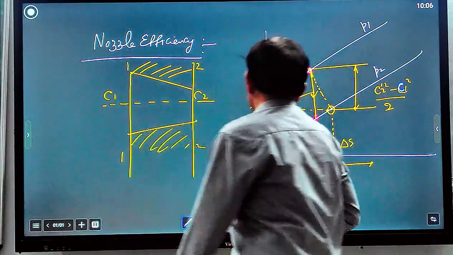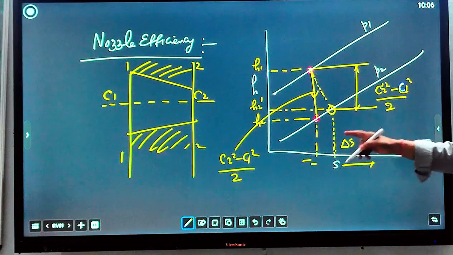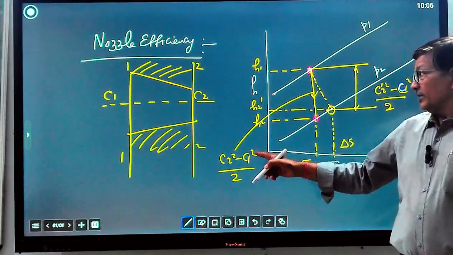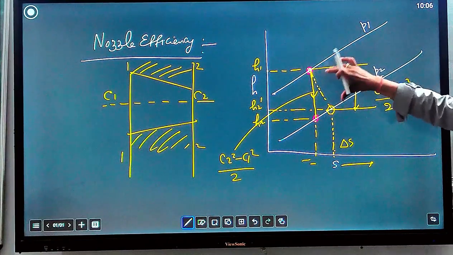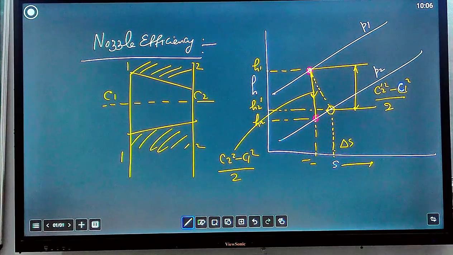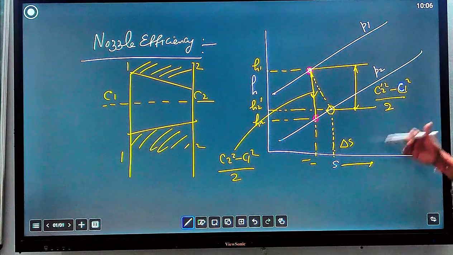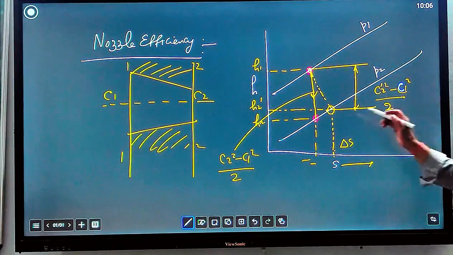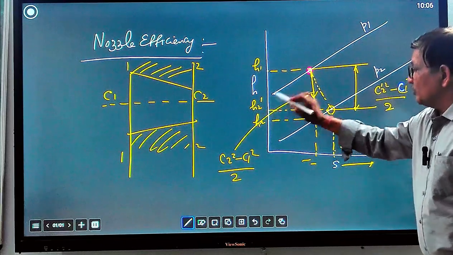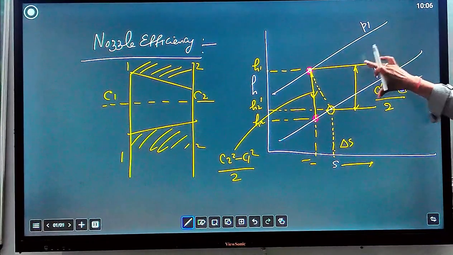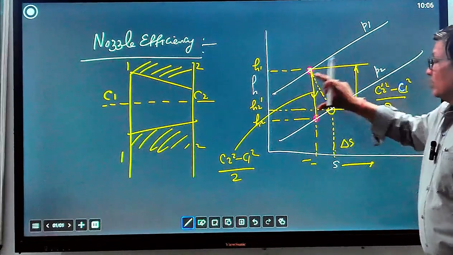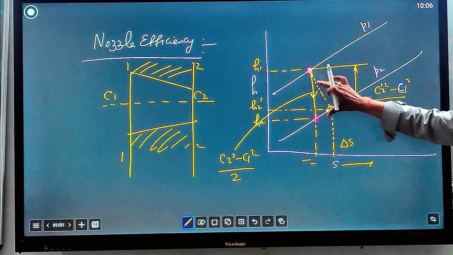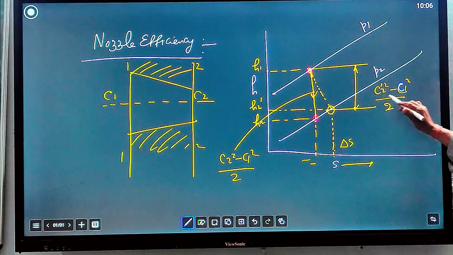But now a lesser amount of heat drop takes place that is useful for converting heat energy into kinetic energy. Now only H1 minus H2 dash is available for the change of kinetic energy. Earlier it was H1 minus H2, which is more heat energy available to convert to kinetic energy. So now you can see C2 will be less.